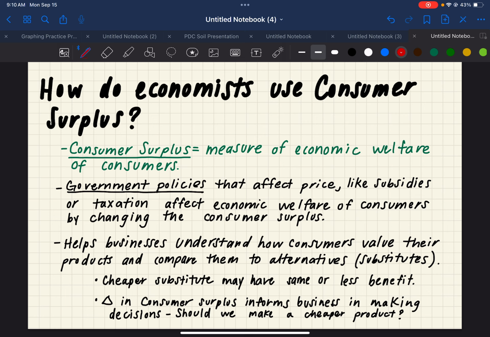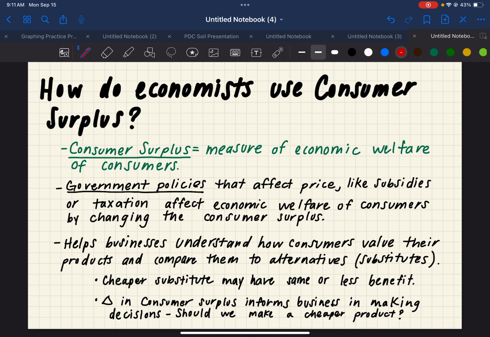So if you had a cheaper substitute that had the same benefit as a product, which is not the case with my iPad, but if it has the same benefit, then it would have a greater consumer surplus because it's a less expensive product, meaning more people will buy it, but they're getting the same amount of benefit.